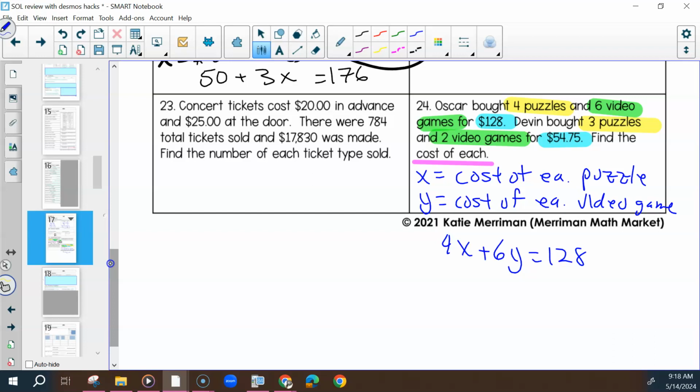How would I set up the second one? 3x plus 2y equals 54.75. Put both of those into Desmos and look for where they cross.